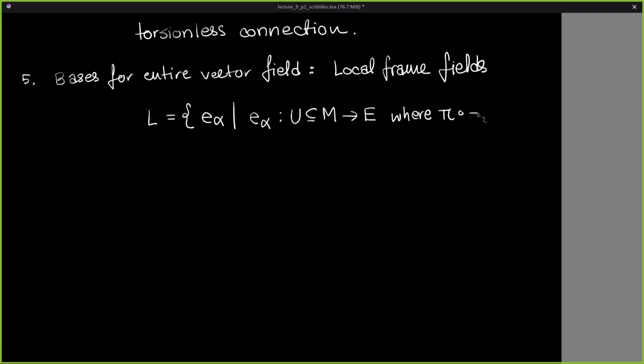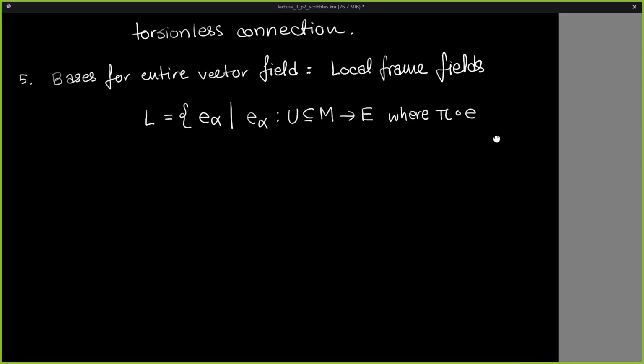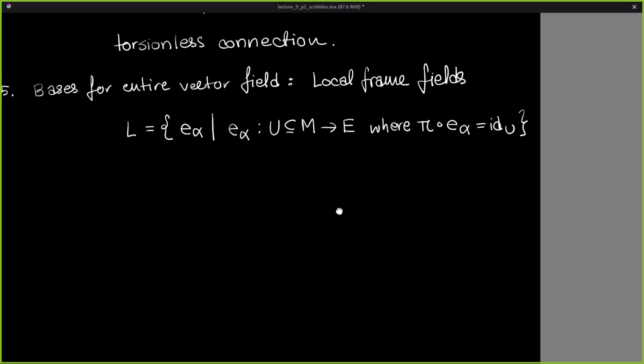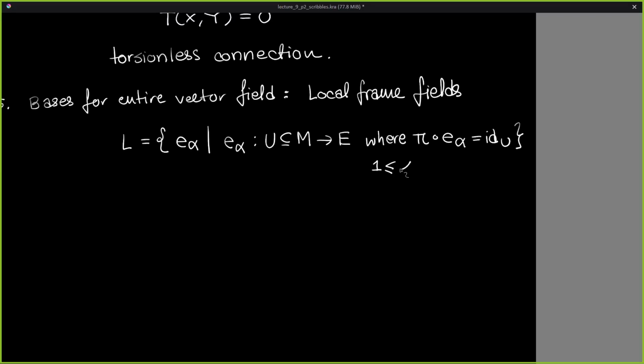Oh, there's a little typo over here. I wrote S the last time. I have to change that. And 1 less than alpha less than Q for a Q-dimensional vector bundle.